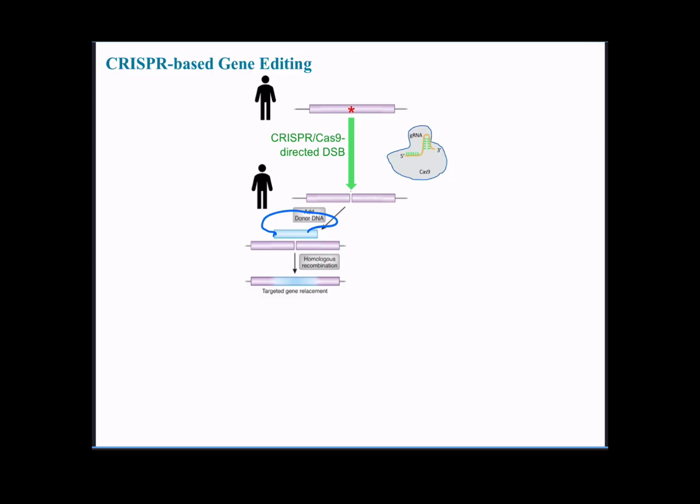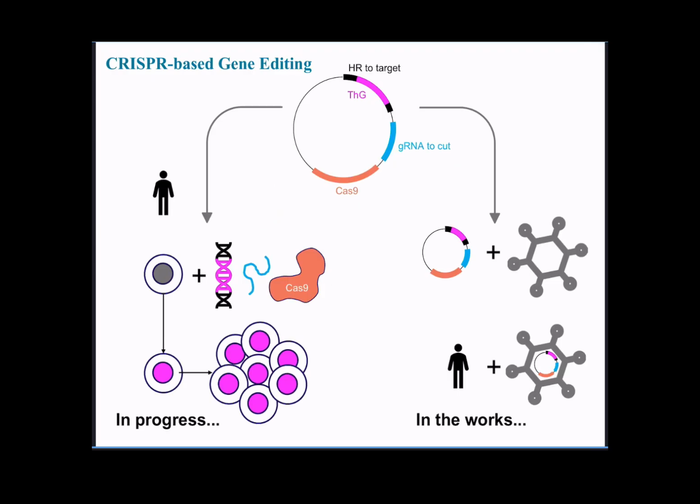But we're getting there, and slowly but surely the technology is improving such that it's becoming safe enough that at some point, instead of using retroviruses for ex vivo gene therapy, we'll be using CRISPR editing. Okay? So, what's the plan?